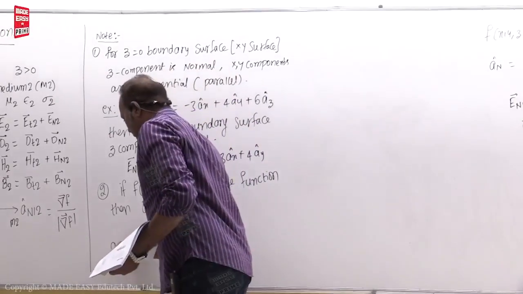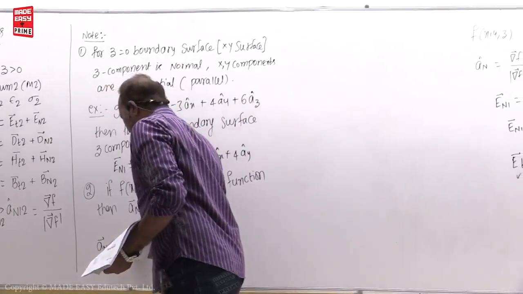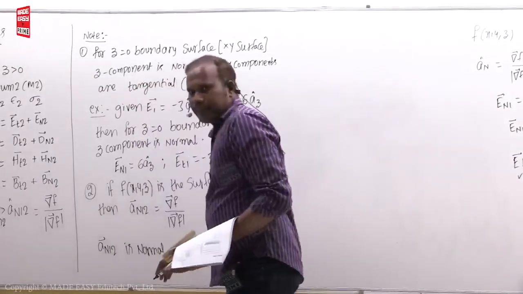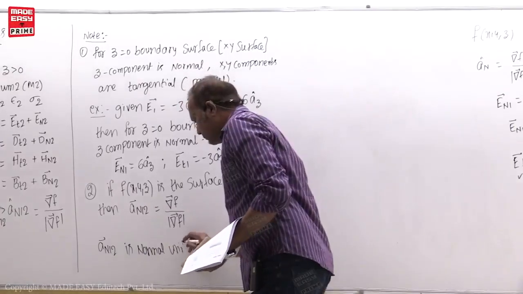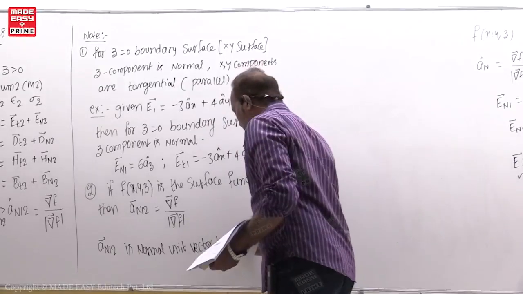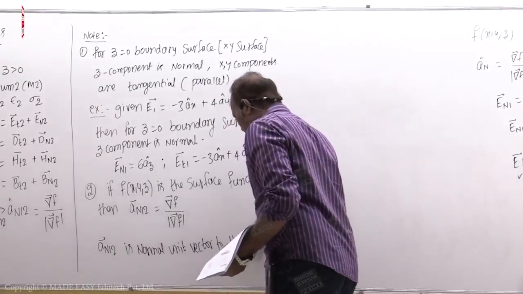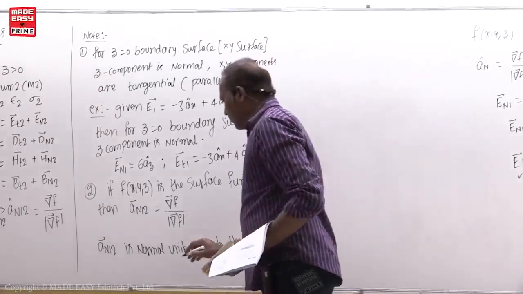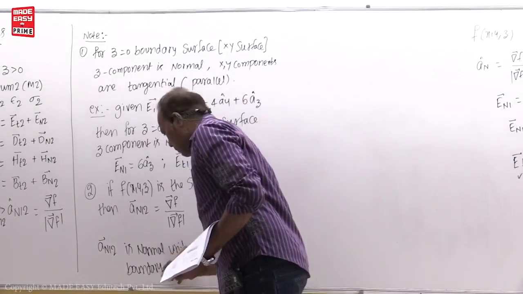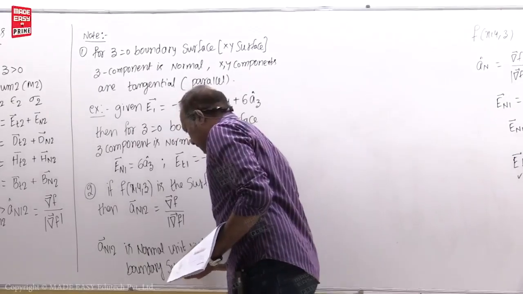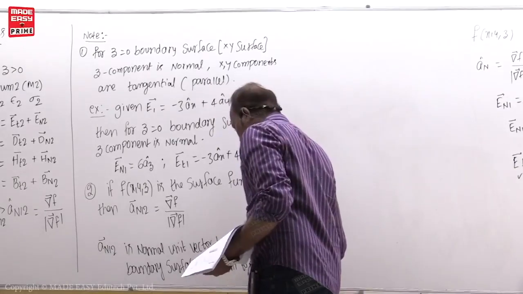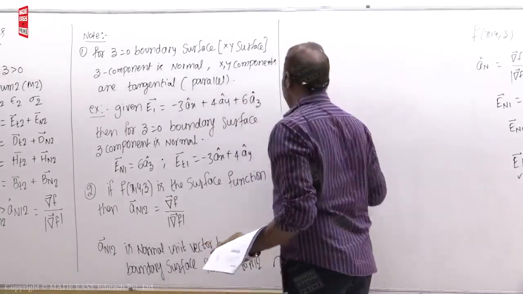Here an12 is nothing but the normal unit vector to the boundary surface from medium 1 to medium 2.